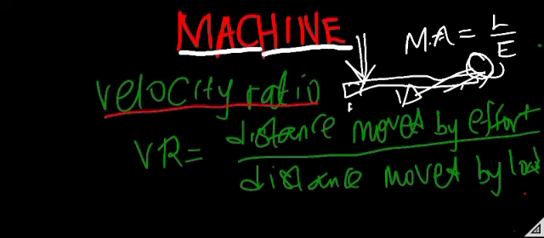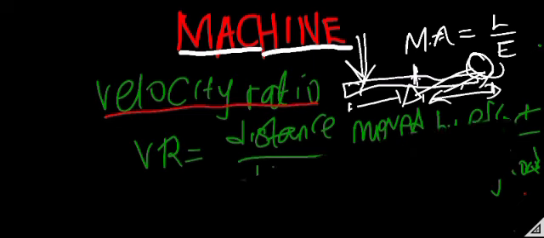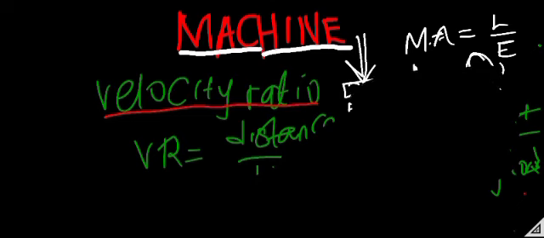The distance from here to here is the distance moved by the effort, while the distance from this place to this place is the distance moved by the load. So here, distance moved by effort or distance moved by the load. Alright, so we have been able to derive two formulas.